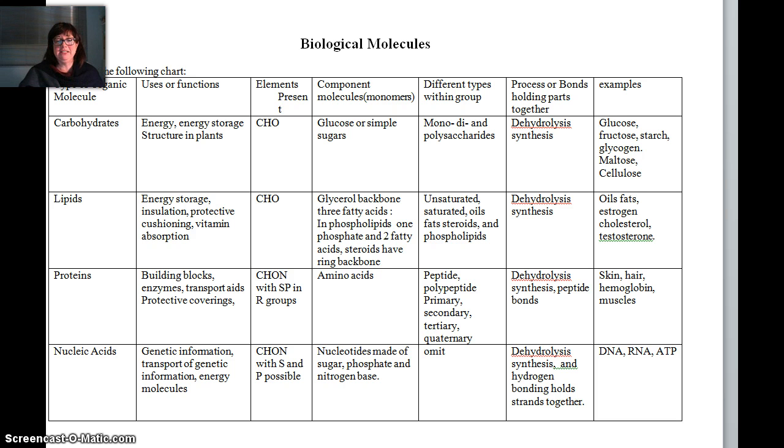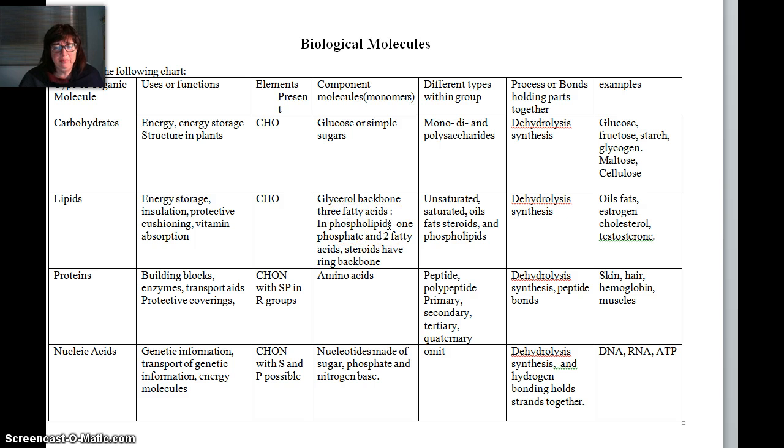Then you have lipids. Lipids are the second category. Energy storage, insulation, protection, vitamin absorption. You also have membranes and hormones with the steroids. With lipids, they all have a glycerol backbone. With your triglycerides, you have 3 fatty acids.